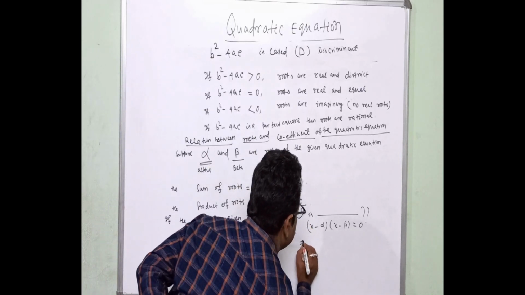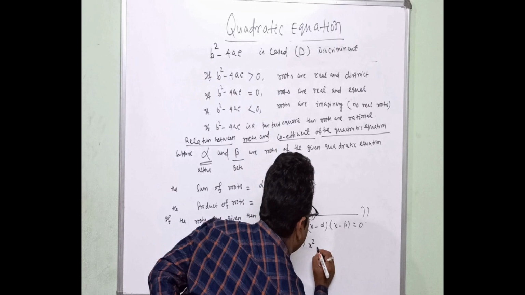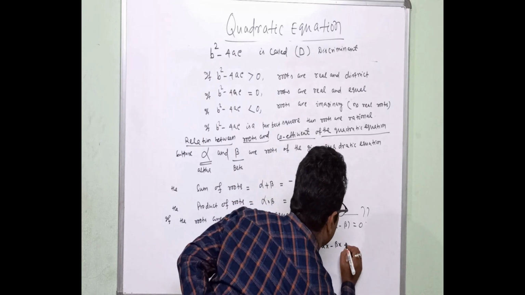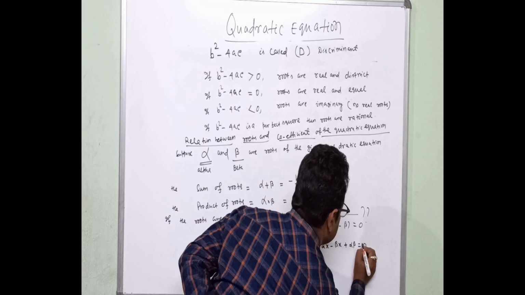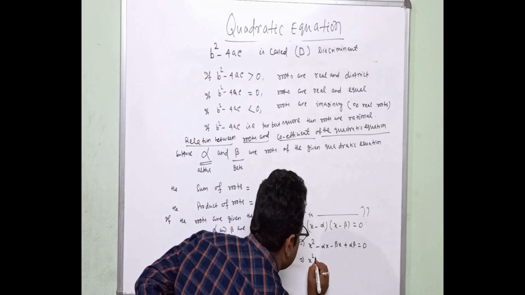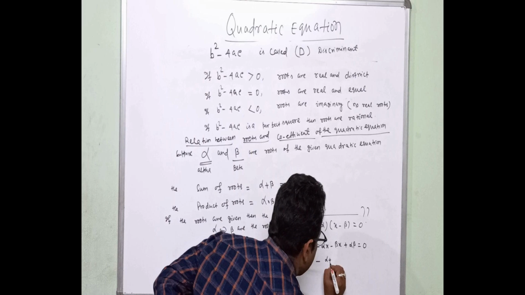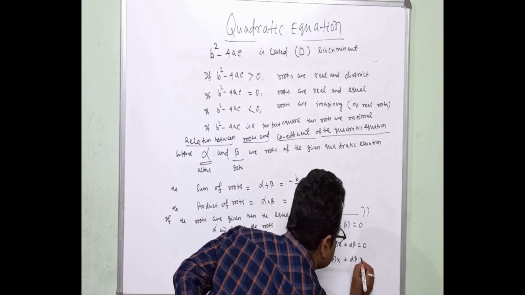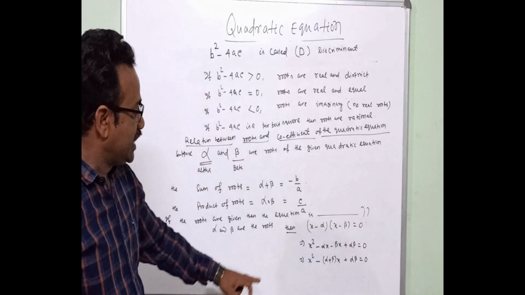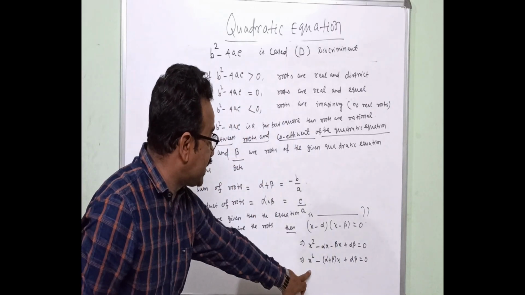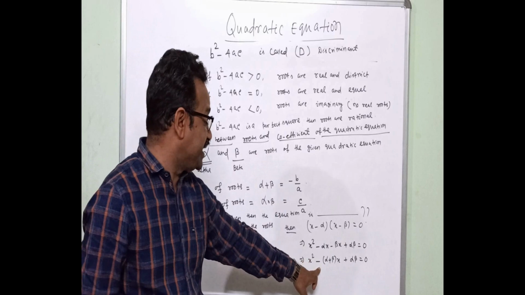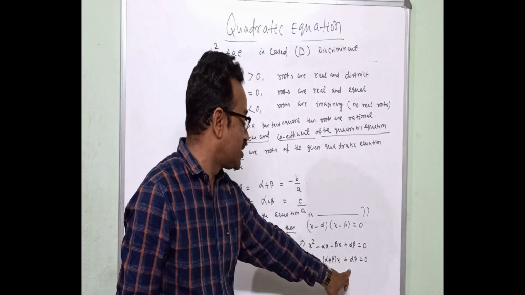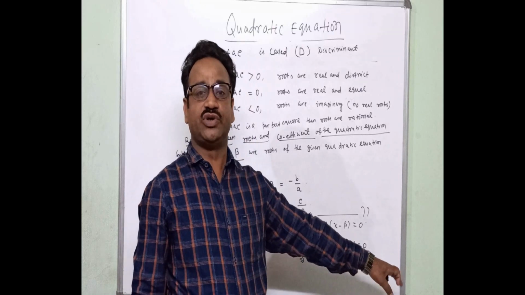Here we will get x square minus alpha x minus beta x plus alpha beta is equal to 0. That implies x square minus (alpha plus beta) into x plus alpha beta is equal to 0. Here, directly we can get x square minus sum of roots into x plus product of roots is equal to 0.